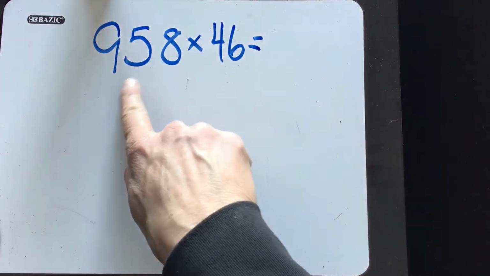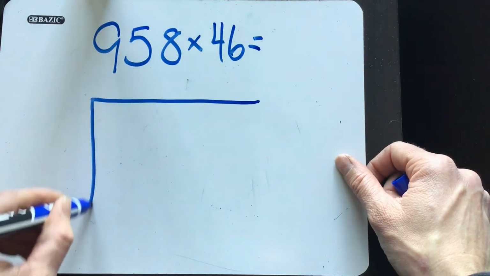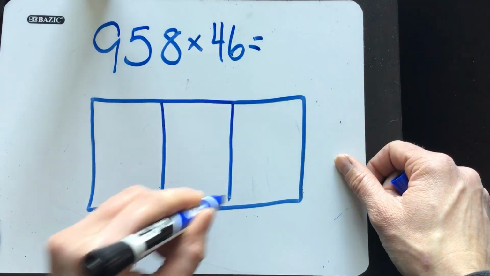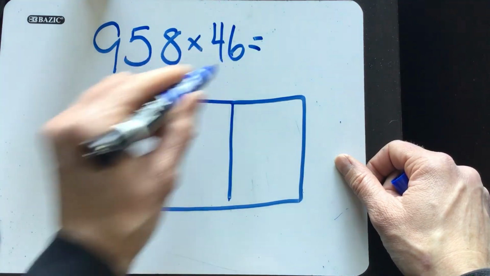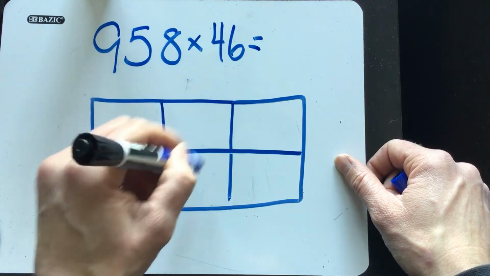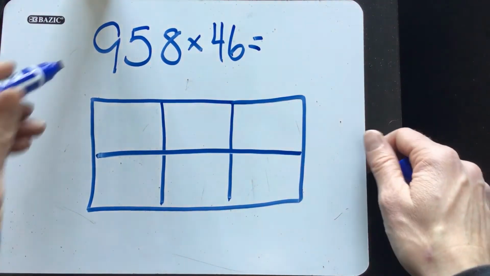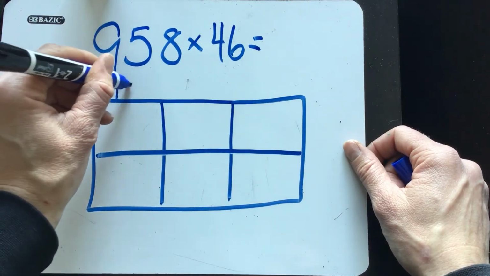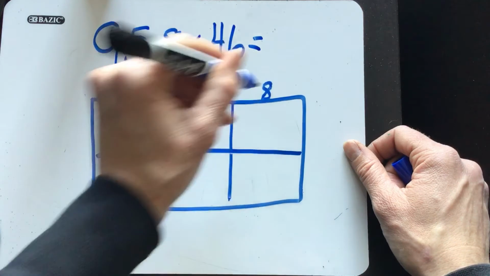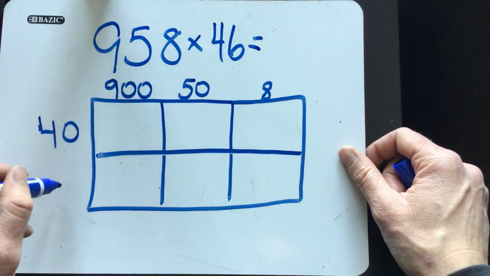My first number is 3-digit, so that means across my top needs to be 3 digits. And then my second number is a 2-digit, so that means I need to make 3 columns, 2 rows. So now I split my number up. I split this into 900, 50, and 8, and 46 into 40 and 6.